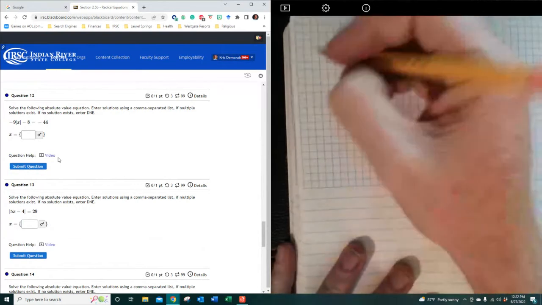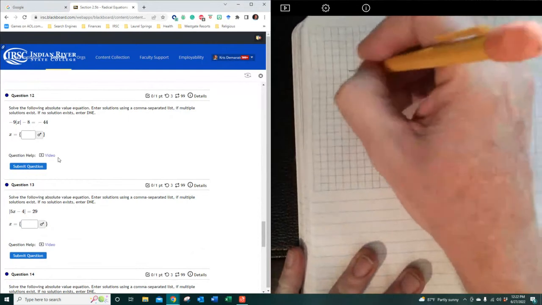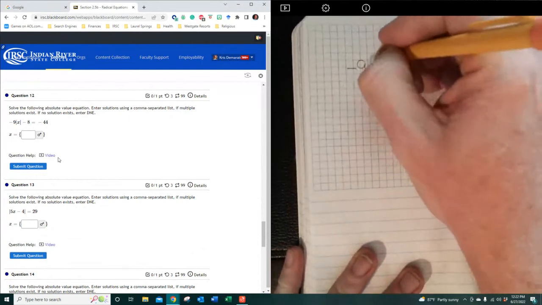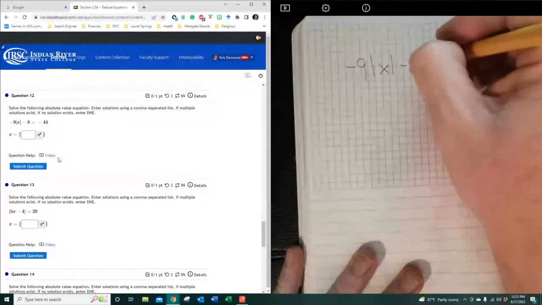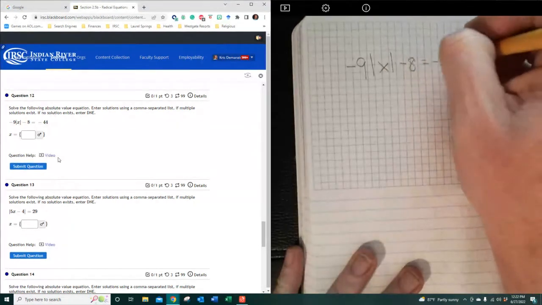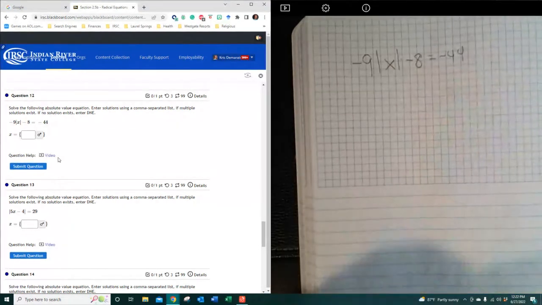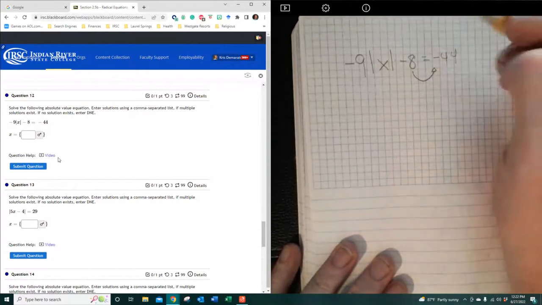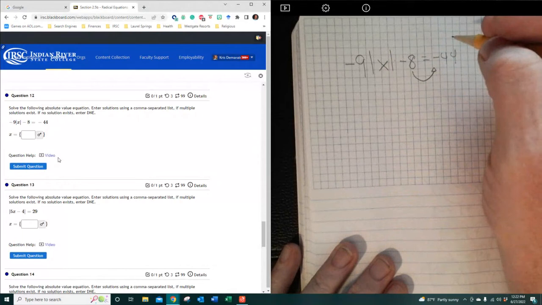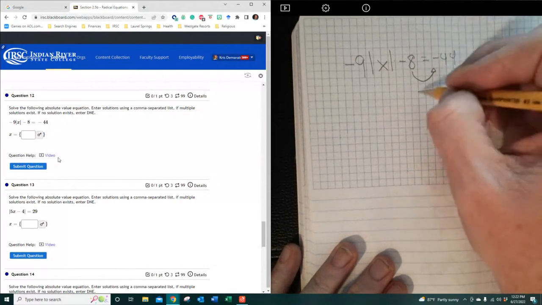All right. So let's go ahead and take a look at the way you process this. You have to isolate it like you do everything else. You have to get it by itself. So bring this over to the other side. So add 8 to both sides, and you get negative 36.